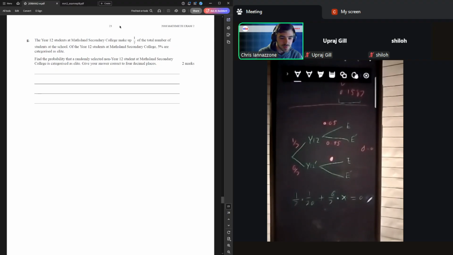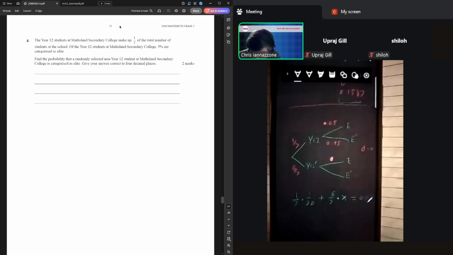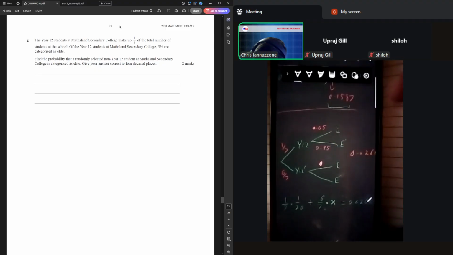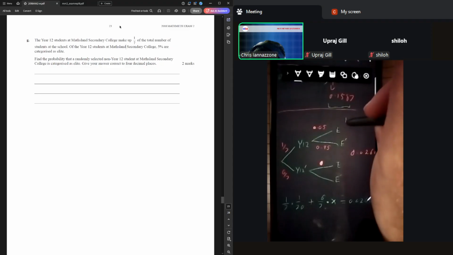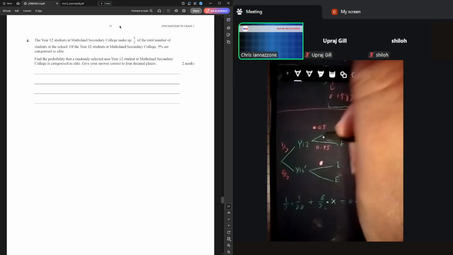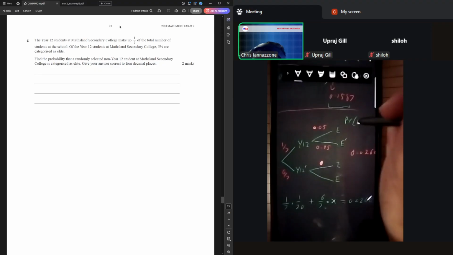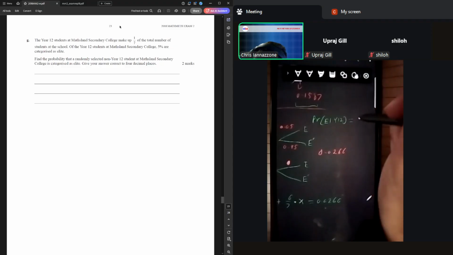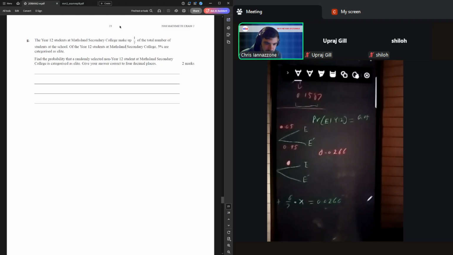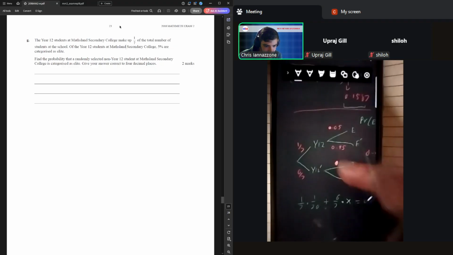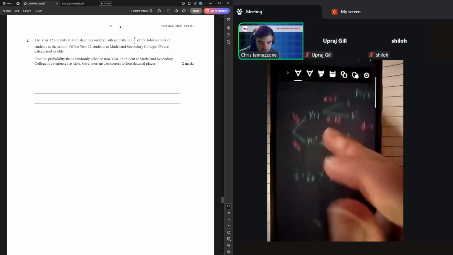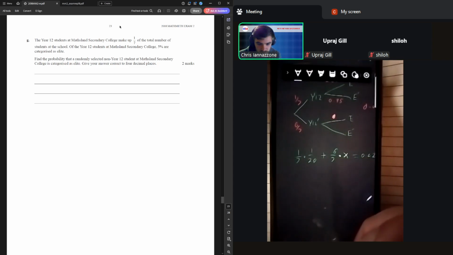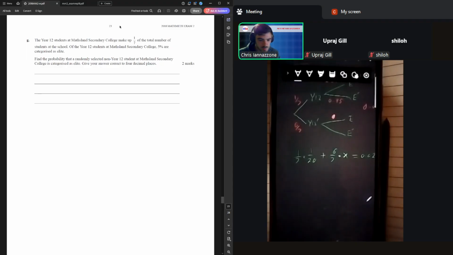If you did want to use K-maps, you'd have to go out of your way. For instance, this would be the probability of E given year 12, your 0.05, which you can expand out to be the intersection divided by year 12, and solve for the intersection. But you're adding a whole other equation just to get an intersection, which you probably don't want to do.